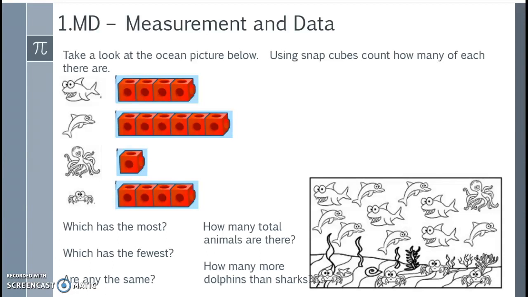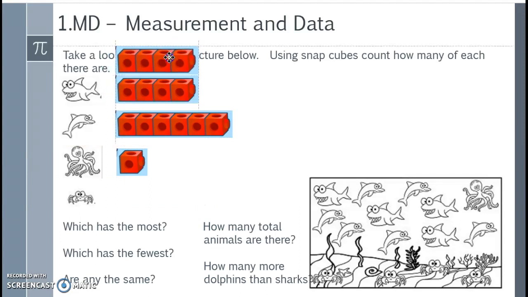The animal with the fewest is the octopus, since it only has 1 snap cube. Are there any animals that are the same? Well, if I line up my crabs and my sharks, putting them right next to each other, I see that they are the exact same. So the sharks and the crabs have the same amount.